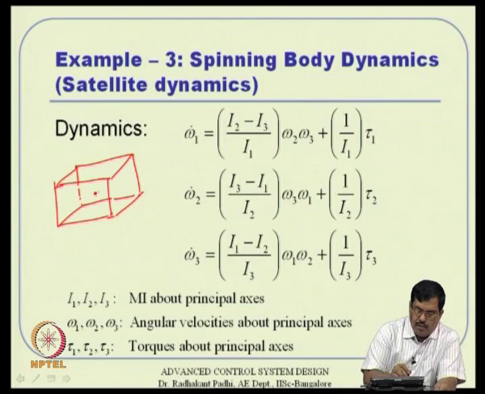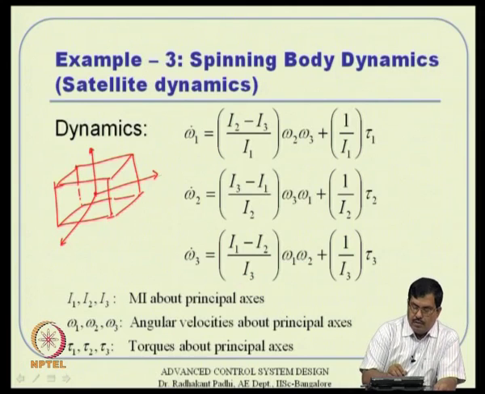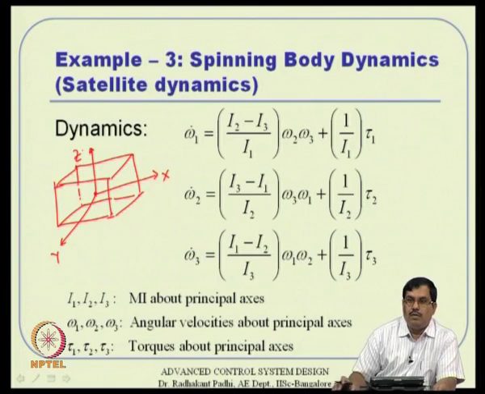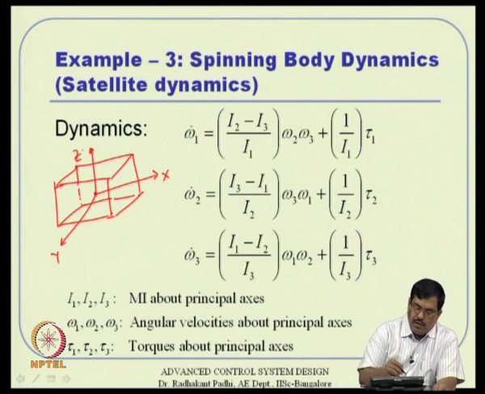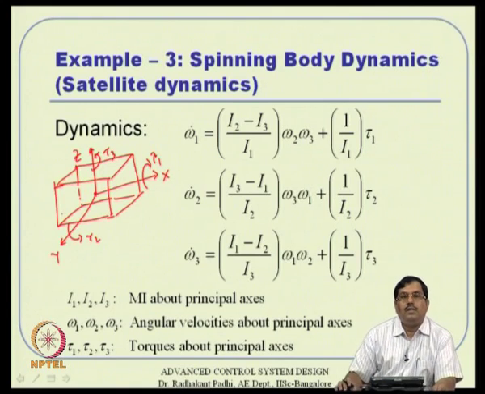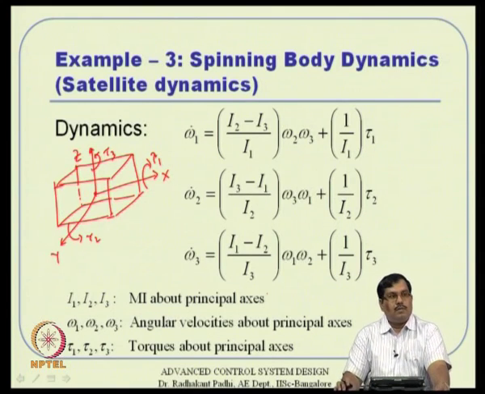So you have an axis frame, one going towards that, one going towards that, and one coming out towards that. Let us say this is x, this is y, this is z, 1, 2, 3. And if you apply torque tau 1 here, tau 2 here, and tau 3 here, then you want to see what system dynamics results.